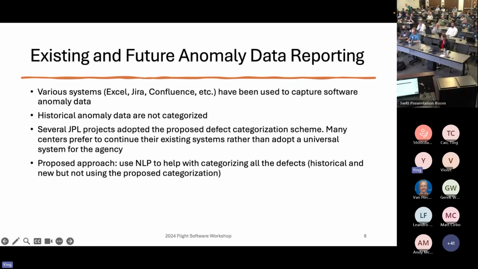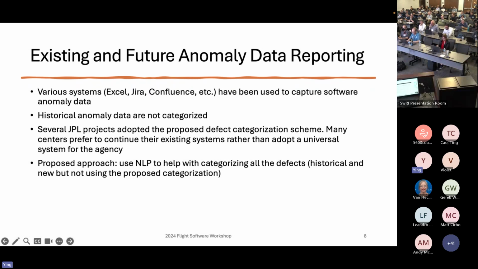The development team has been dismissed and moved on to new projects. It's hard to reach back and get some clarification if we have difficulty understanding the text in the write-up. So one way is to propose using a unified repository with predefined categories for everyone to use.